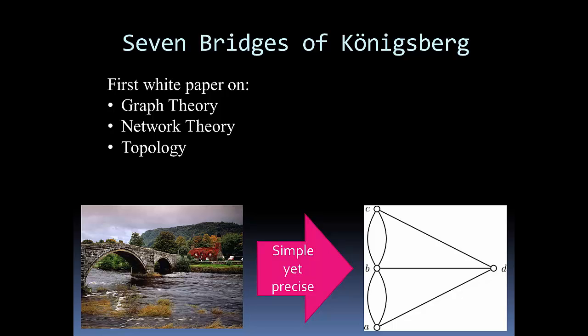If you research this white paper deeply, you learn that this is really the birth of a whole bunch of different disciplines like graph theory, network theory, topology, because he was able to take the real world and show it using different symbols. He was able to organize things and create a very simplistic view of this complexity, which is why I also think this particular white paper he wrote in 1735 is the first white paper on data modeling.